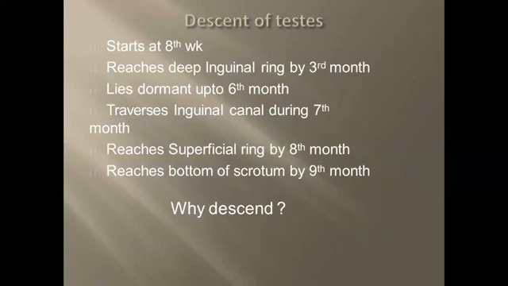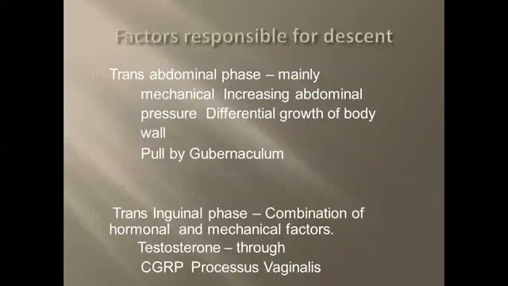Now, what are the forces that contribute to the descent of the testes? Number 1, transabdominal phase and transinguinal phase. In the transabdominal phase of testicular descent, there is mainly increased intra-abdominal pressure and the pull of the gubernaculum.